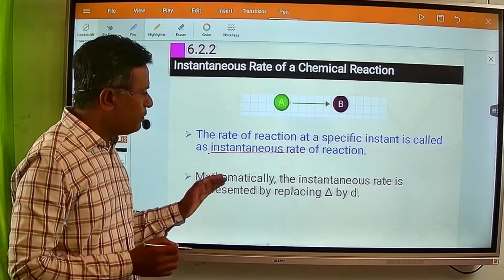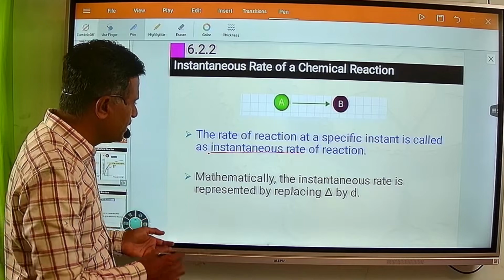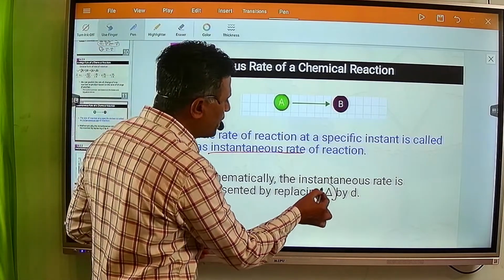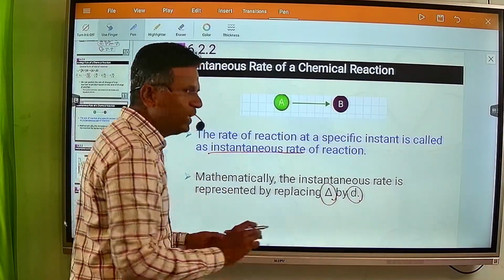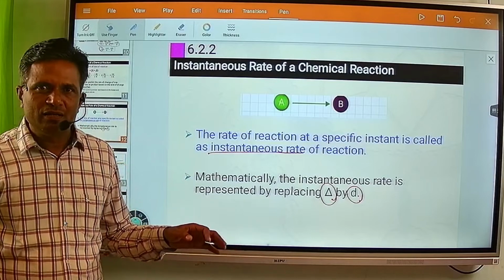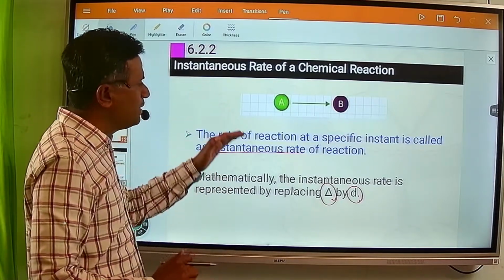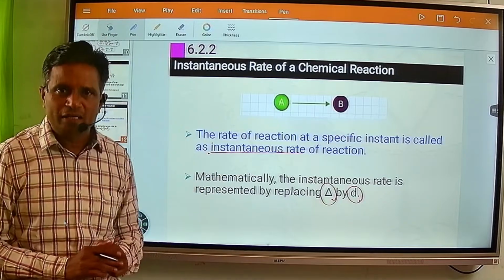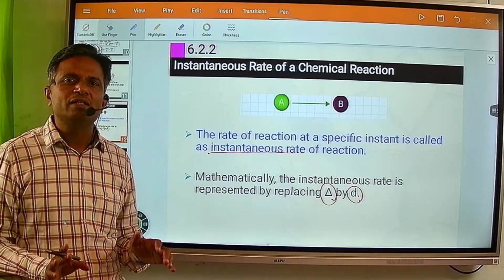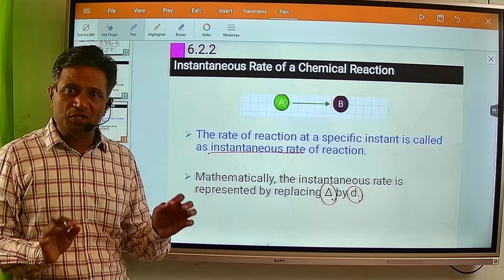Whenever you write the instantaneous rate, instead of delta you write d. That is the only change you have to make here. Delta is replaced by d, and that will give you the instantaneous rate of chemical reaction. Are you getting the difference between average and instantaneous?